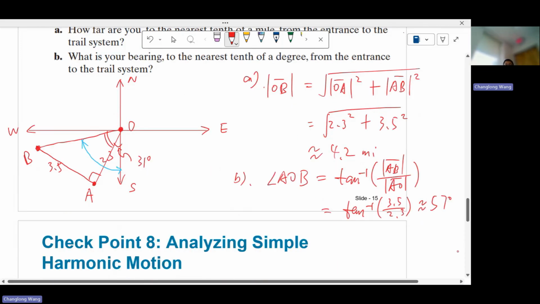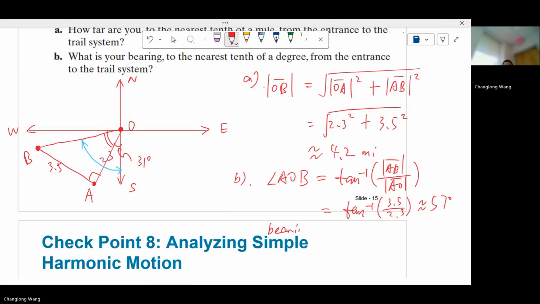But that's not the bearing angle. The bearing, sorry about the handwriting, is the sum of the 31 and the 57, that's about 88. So it'd be south 88 degrees west.